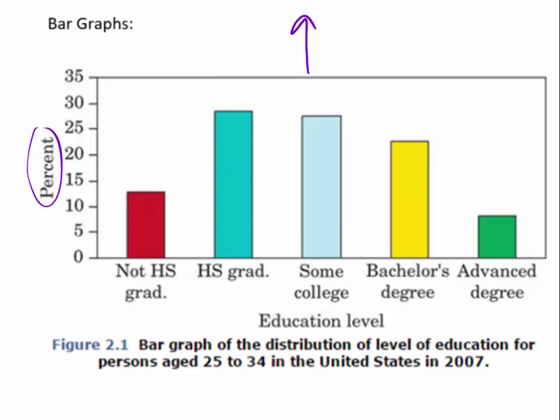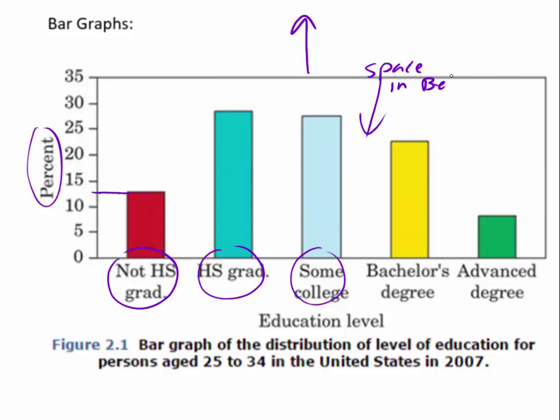Now, if you're reading this, okay, the percentages here would be going over to the y-axis, this left-hand axis, and then they label each bar. Now, one thing that's important about bar graphs is that there is a space in between. Okay, that's kind of important.